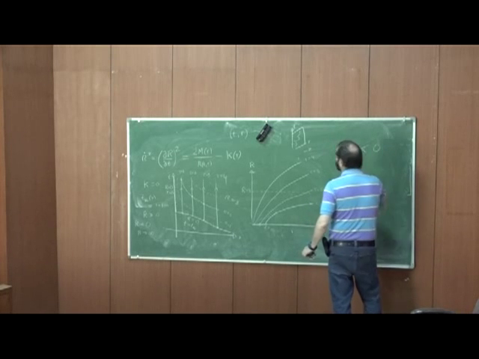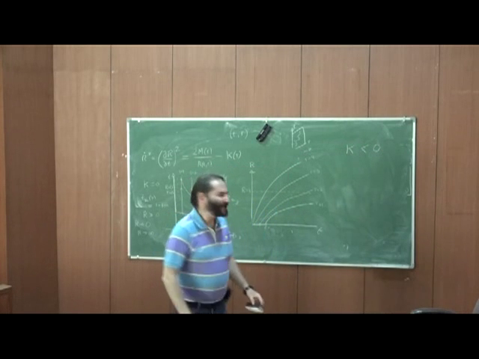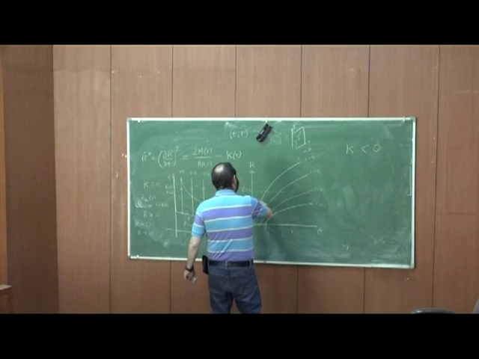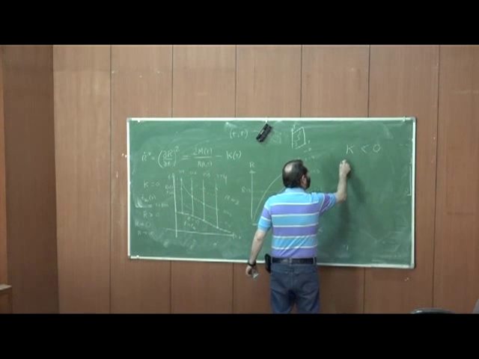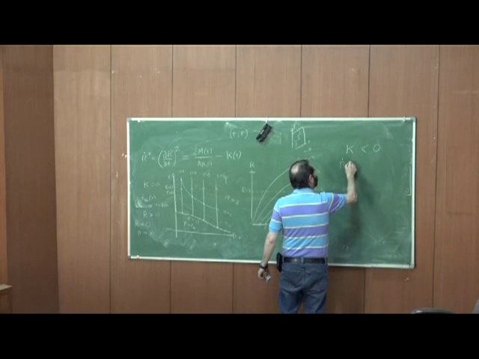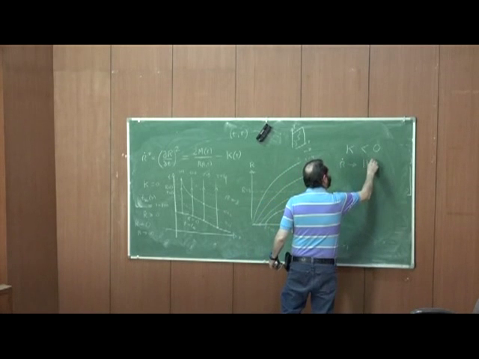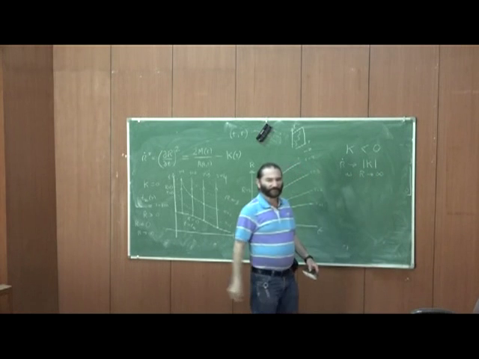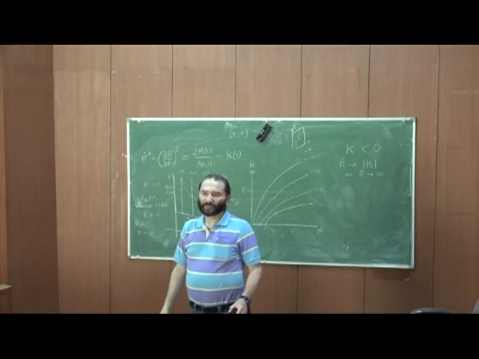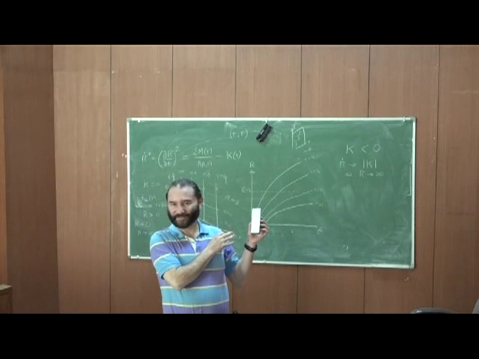If k is negative, then we have the same thing, except that these things would grow much faster, because r dot goes to the absolute value of k as r goes to infinity. So these curves expand, but much faster than the others.